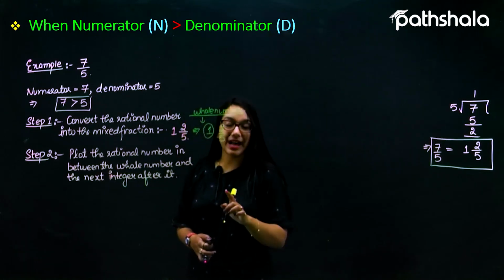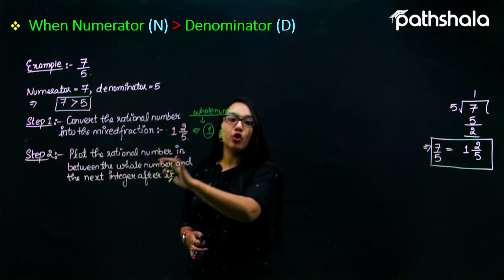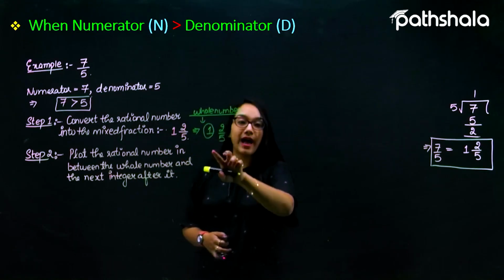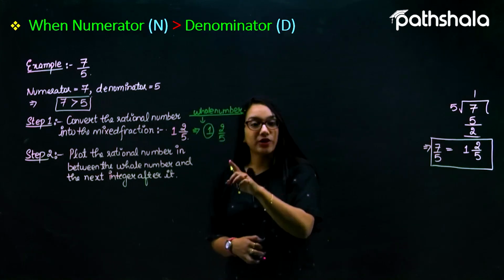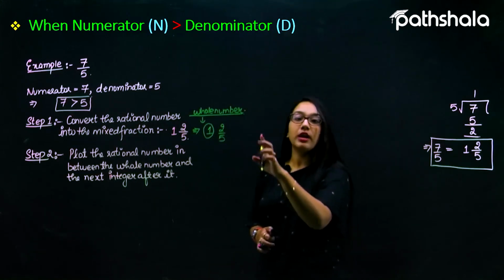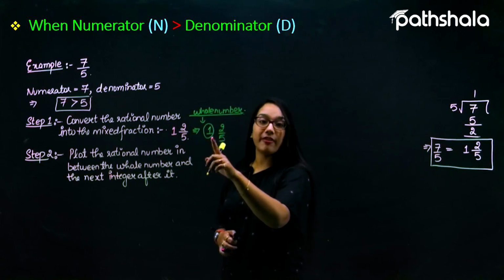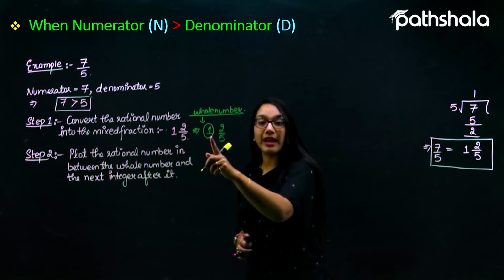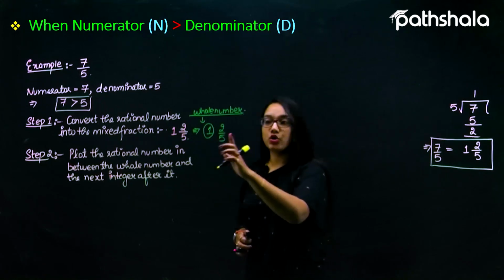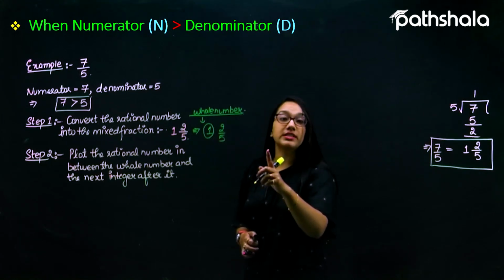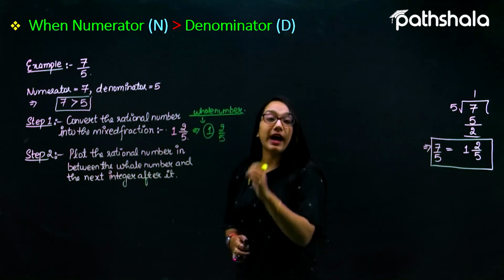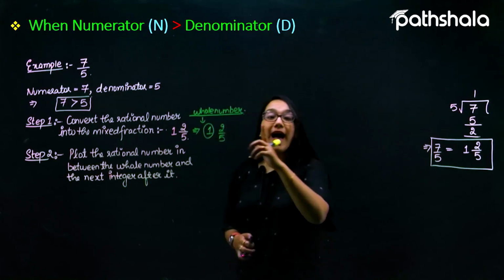So it means that in step number 2, you have to see this particular whole number, and this rational number, 7 by 5, will lie in between this whole number 1 and the coming integer. After 1, the coming integer is 2. So 7 by 5 will lie in between 1 and 2.